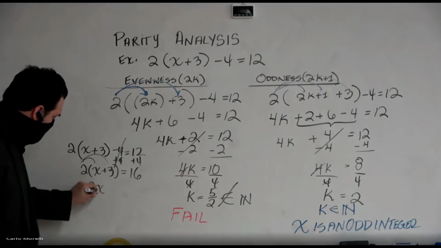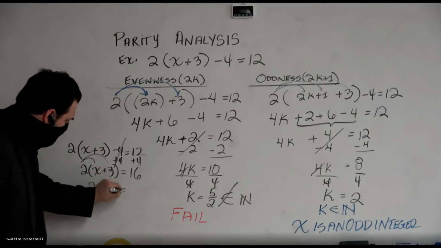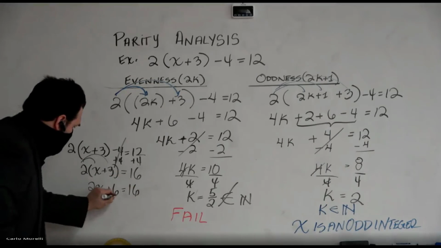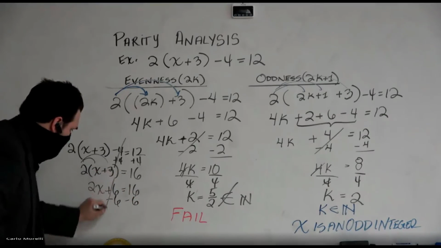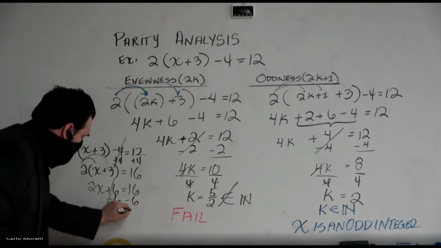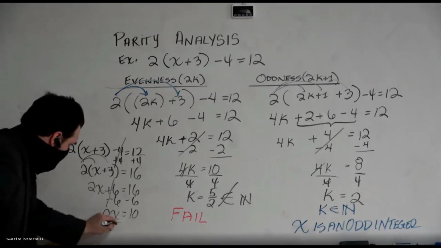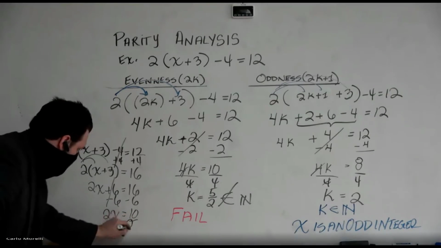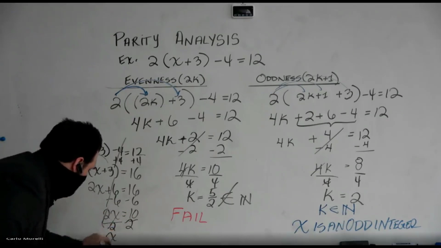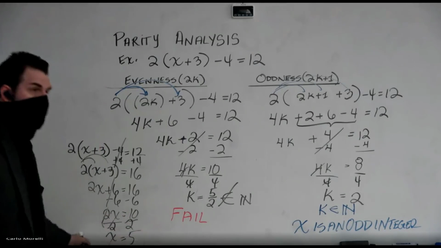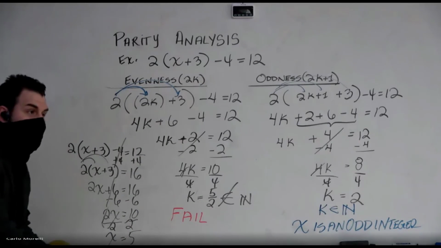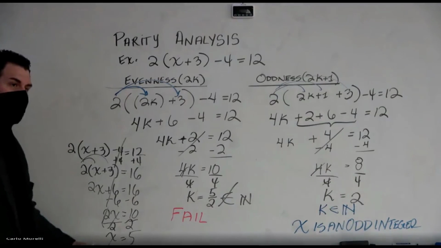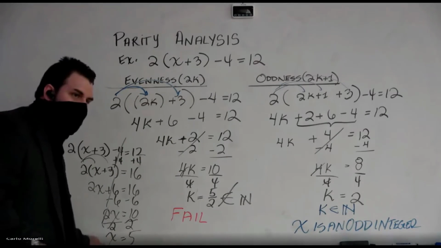I've got 2x plus 6 equals 16. I'm going to subtract the 6 on both sides. I have 2x equals 10. Divide both sides by 2. And voila, x equals 5. It was odd. And it was an odd integer. And we knew it in advance.